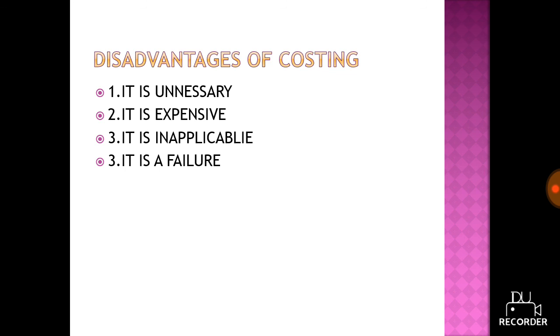It is a failure. The failure of a costing system in some concern is quoted as an argument against its introduction in other undertakings. This is a very false argument. If such a system does not produce the desired results, it is wrong to jump to the conclusion that the system is at fault.